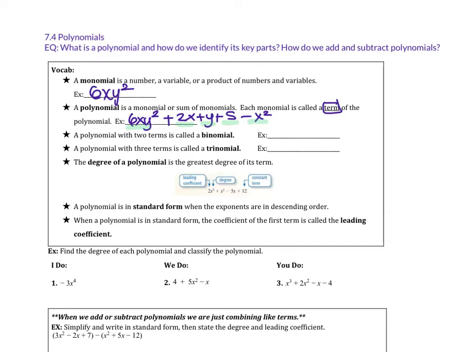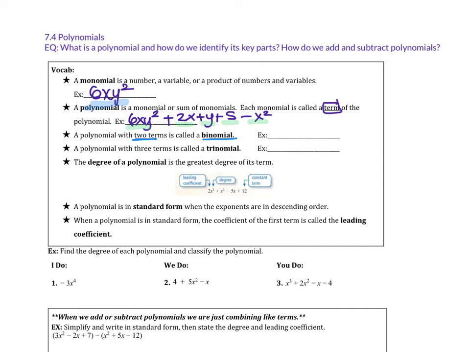So a monomial is just a specific type of polynomial. A monomial is a polynomial that only has one term. And there are a couple more special types of polynomials as well. If a polynomial has exactly two terms, it's called a binomial. The prefix bi, like bicycle, meaning two.